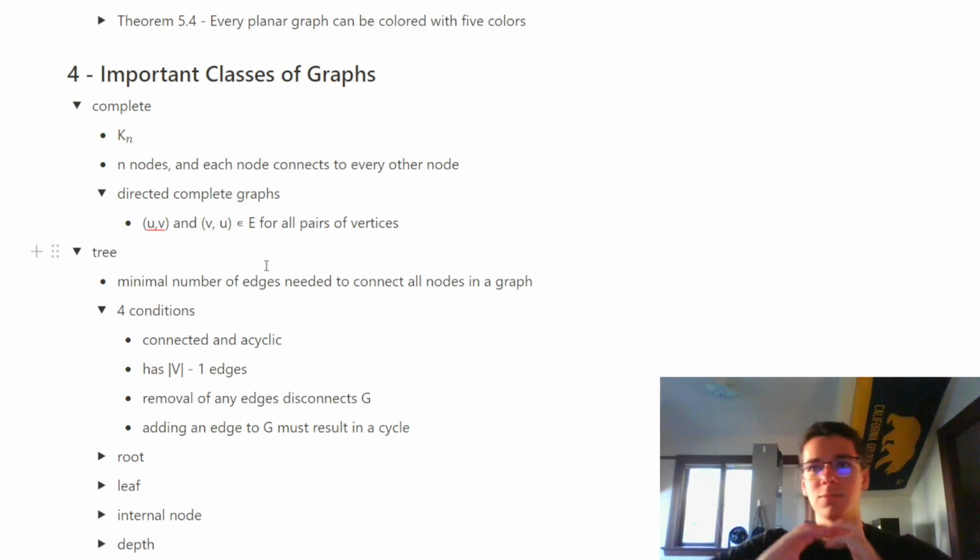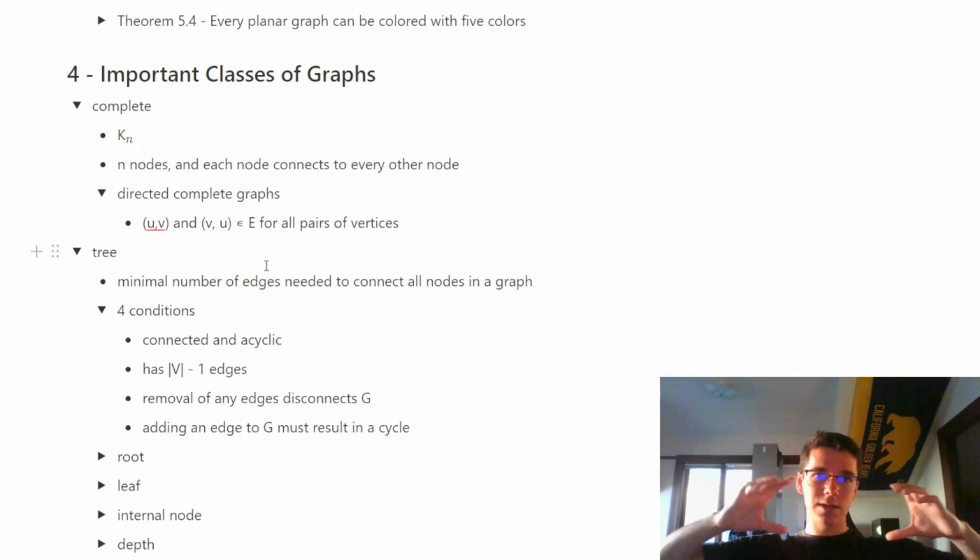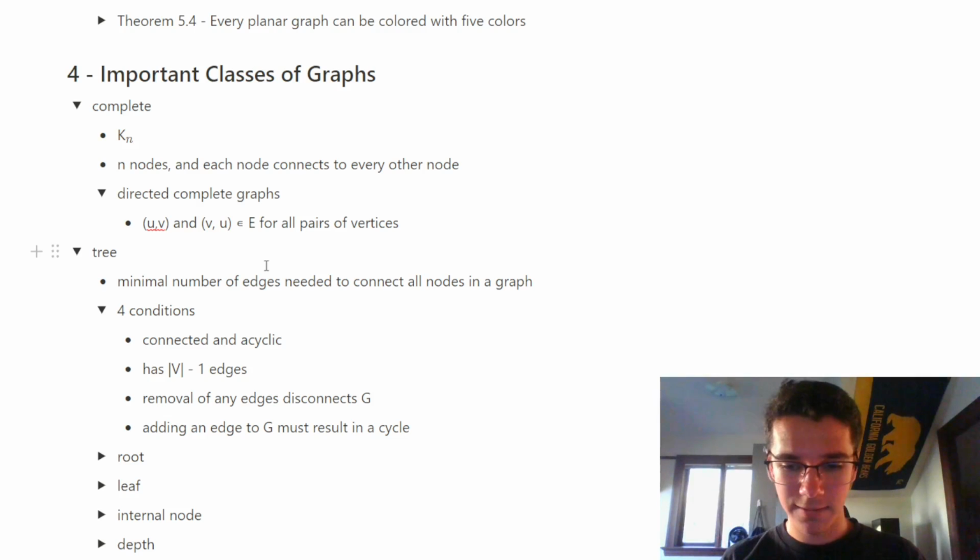However, as we add more and more nodes in this graph, we're going to have to add exponentially more edges to ensure that each node is connected to every other node in the graph exactly once. However, a tree connects every vertex in the graph with the minimal number of edges possible.